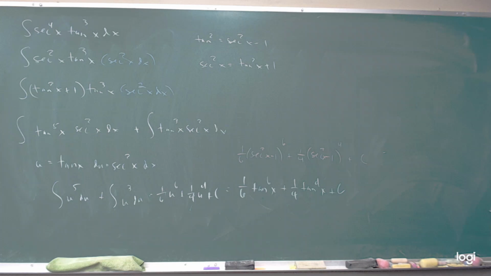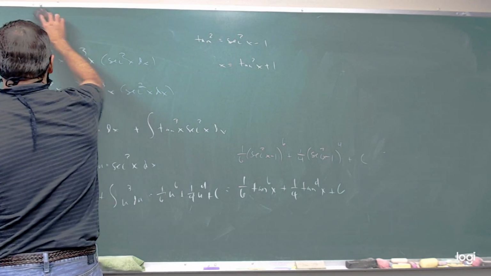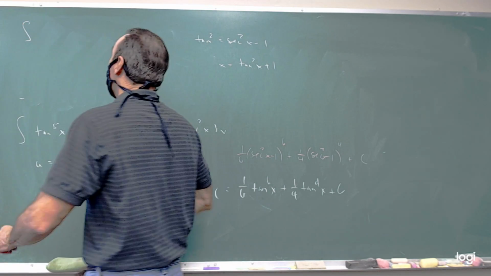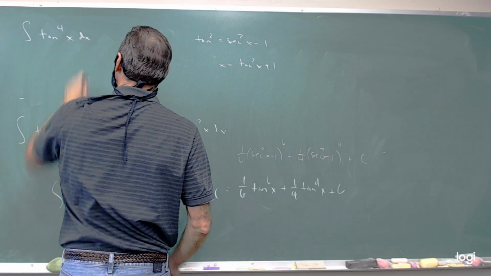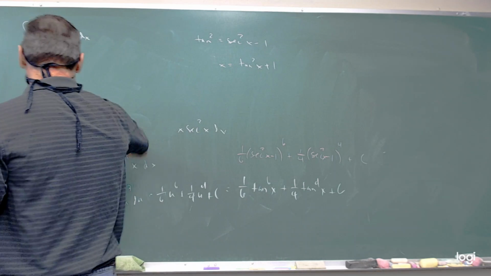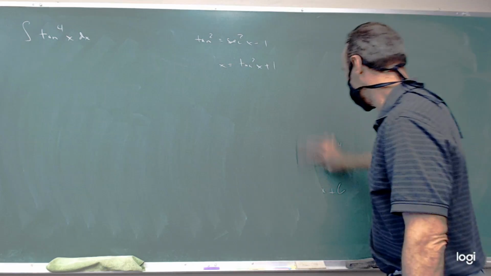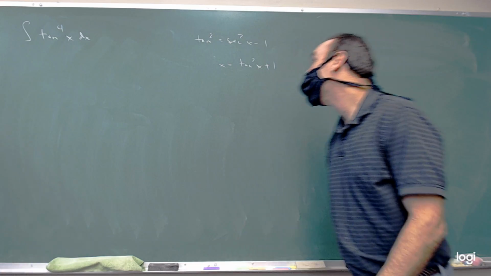Let's do one kind of like what we did with that sine, when you just have one and it's to an even power. So the integral of tangent to the 4th x dx. Yeah, that's alright. Gosh, can't hold on to it.